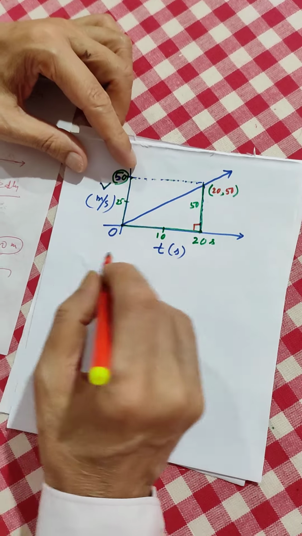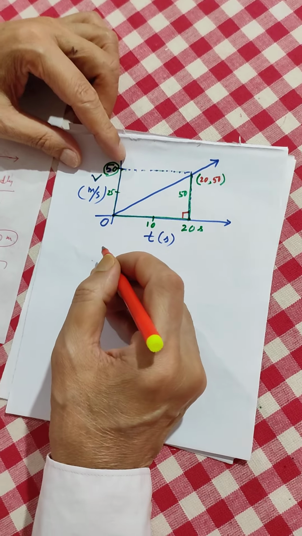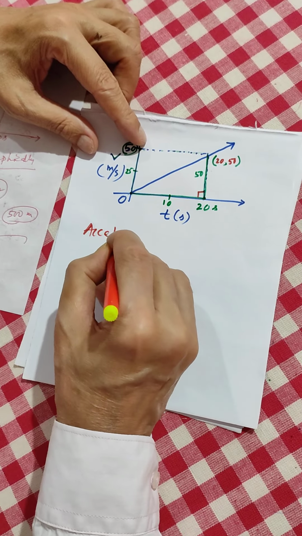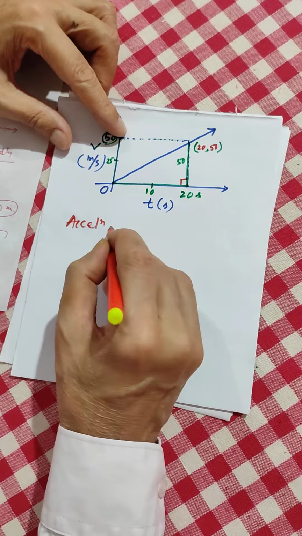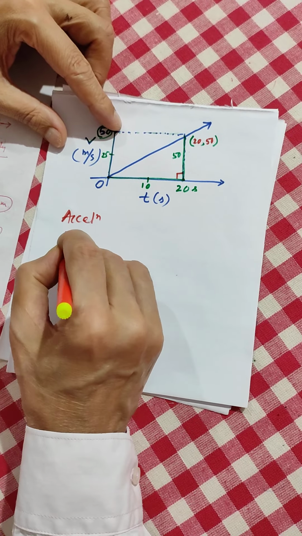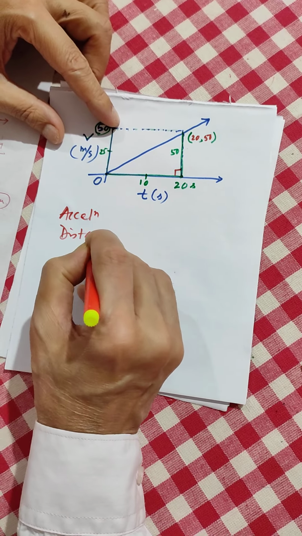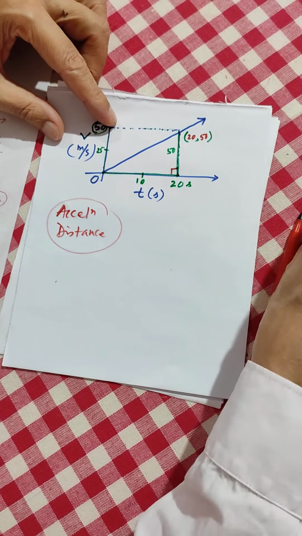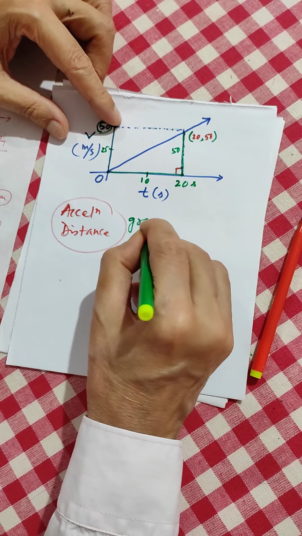Now, again, you have to find acceleration and distance graphically. So here you have to find the acceleration of the moving body graphically, and also the distance traveled by the body. Both you have to find graphically or geometrically.